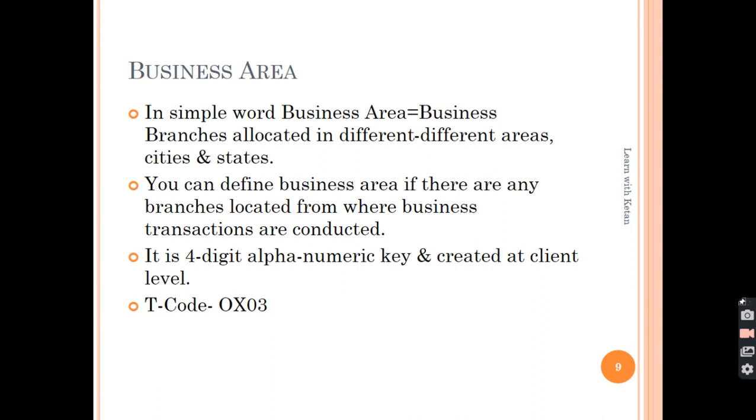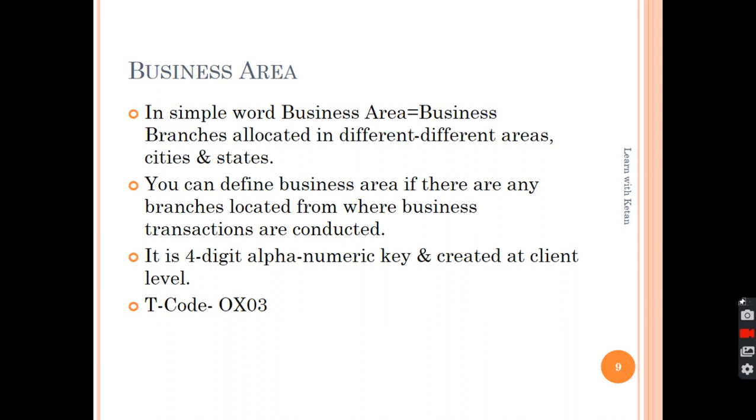So if you have two or three company codes, and all the three company codes have branches in the same location, it may be possible that there are branches of two or three companies at the same place.